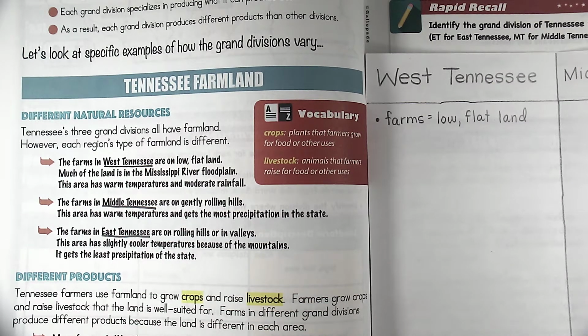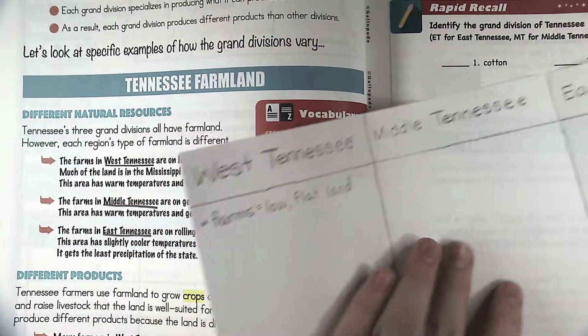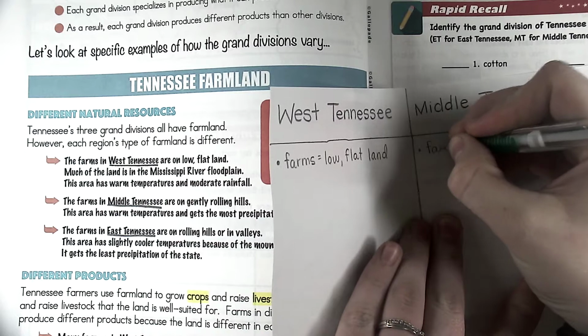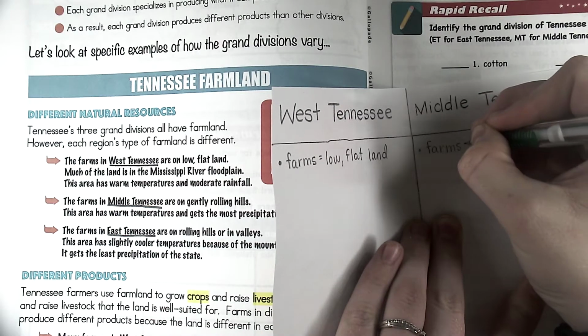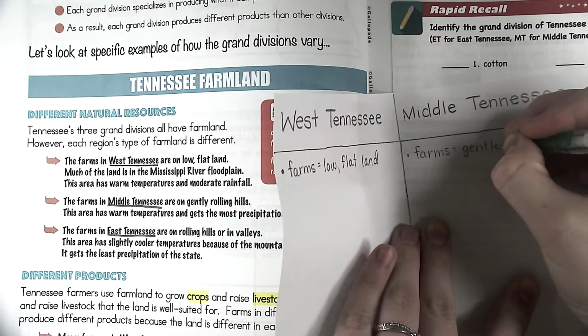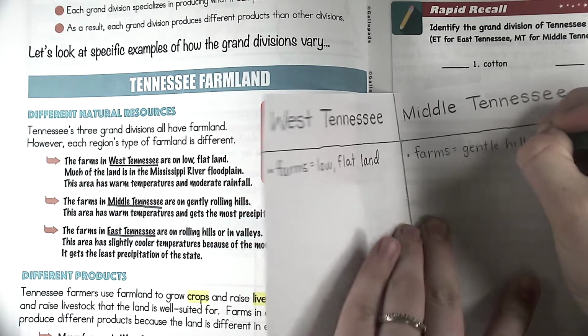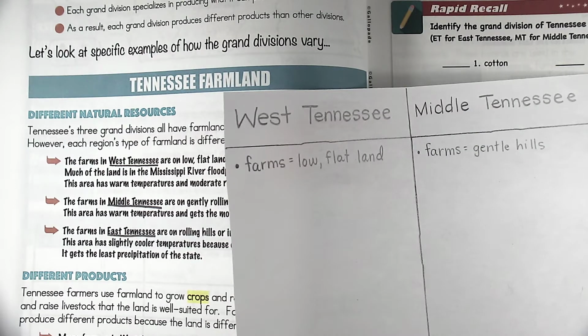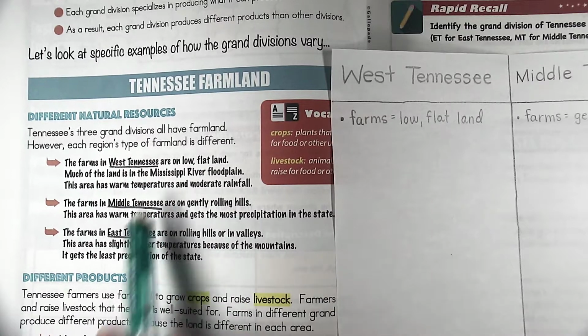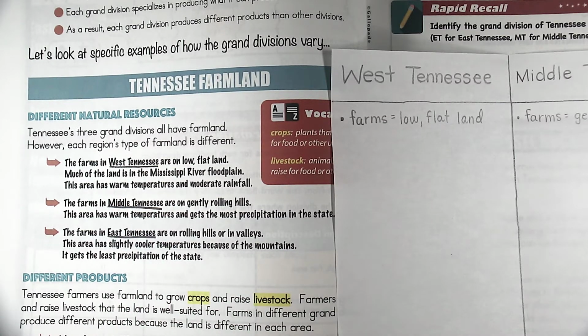The farms in Middle Tennessee are on gently rolling hills. So I'm going to write farms equal gentle hills. It gets the most precipitation, and it has warm temperatures as well as the other ones.